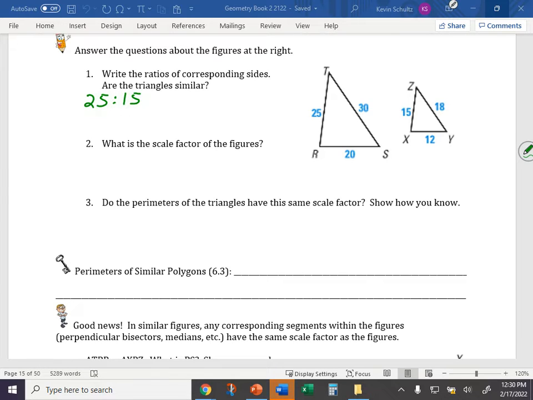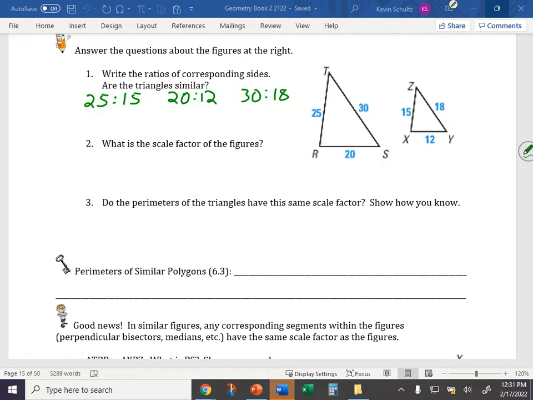So one ratio is 25 to 15. Let's look at RS, which is 20. That corresponds with XY, which is 12. And then TS, which is 30, corresponding with ZY, which is 18.